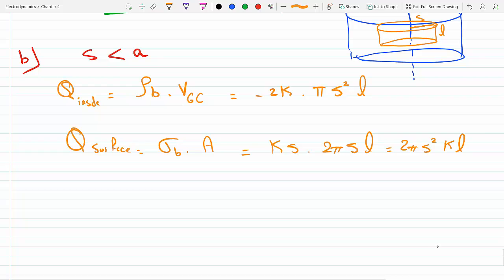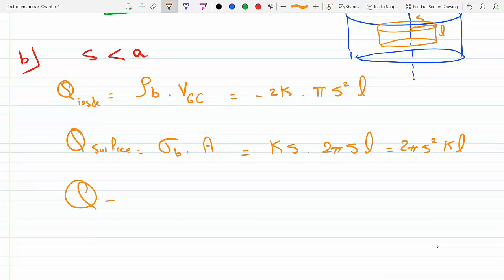And you could see it's the exact negative of Q inside, so Q total, which would be the sum of the two, would be 0. So there is 0 charge enclosed inside the dielectric.